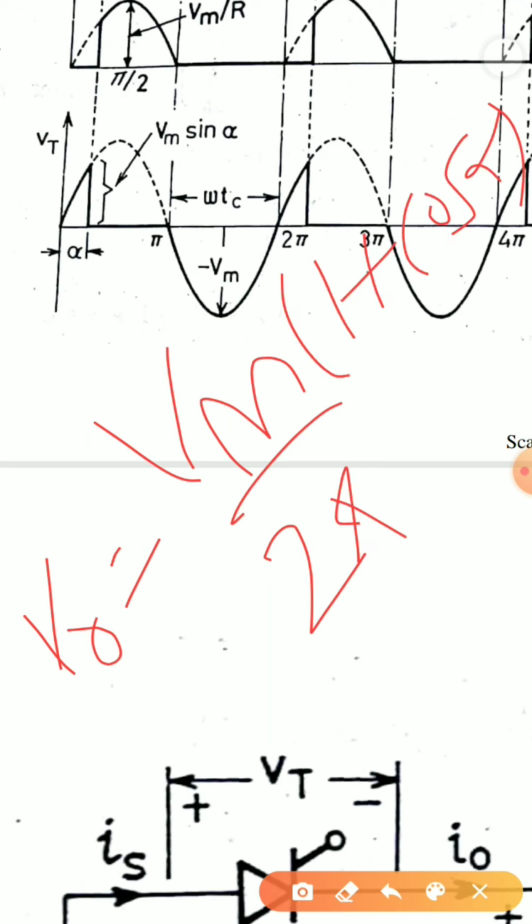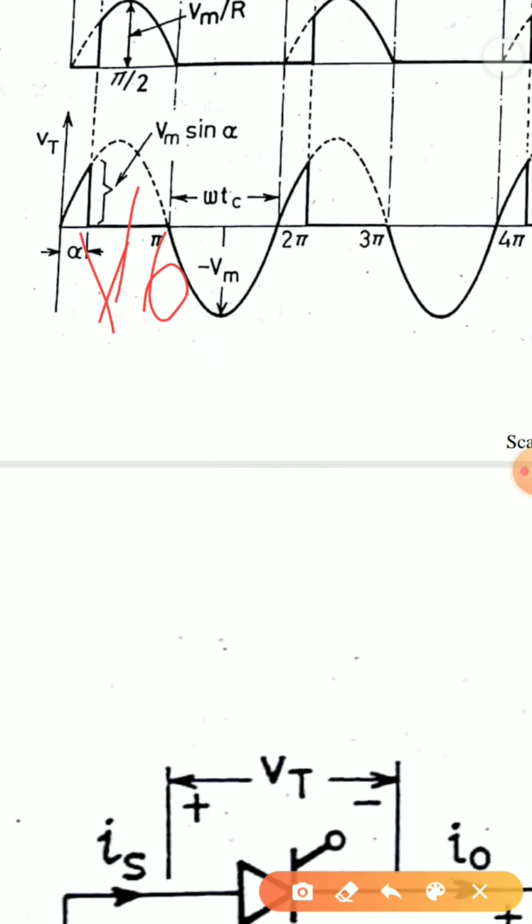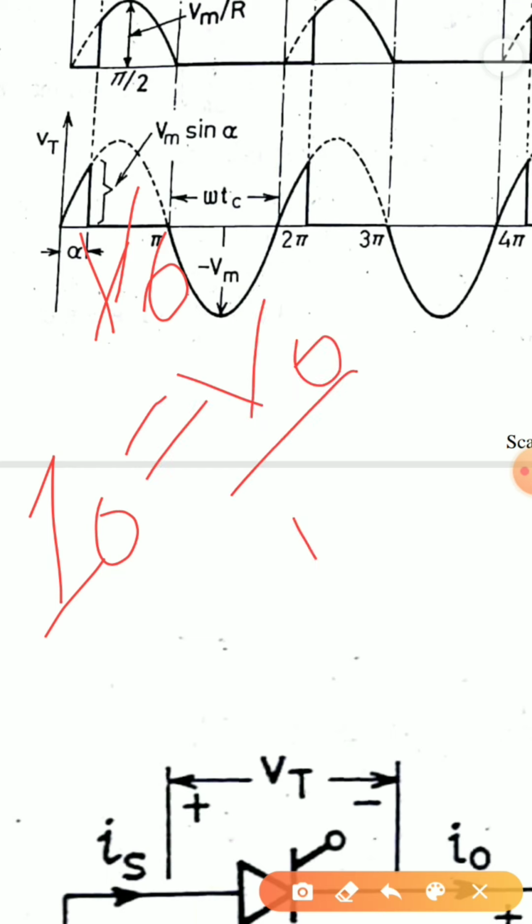This is the average load voltage that I will be getting at the output side. If I have found V0, I can easily find I0. I0 is nothing but V0 by R, using simple Ohm's law.